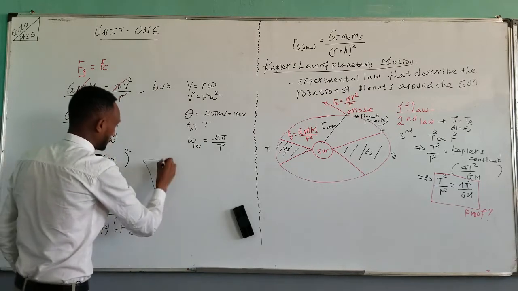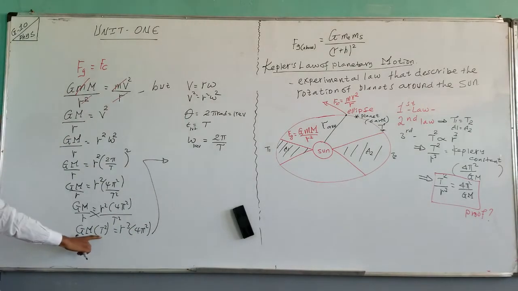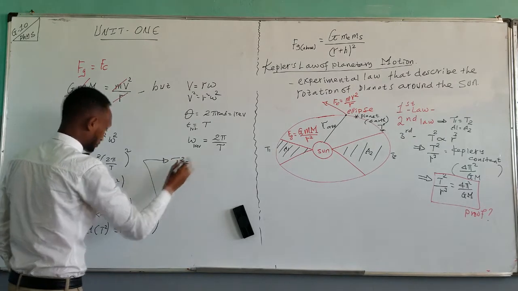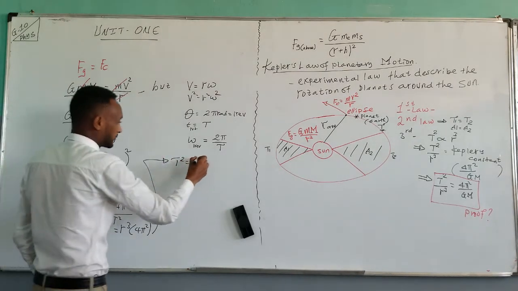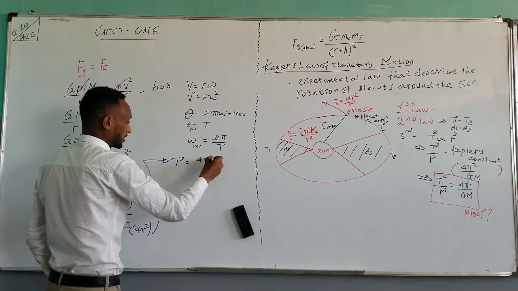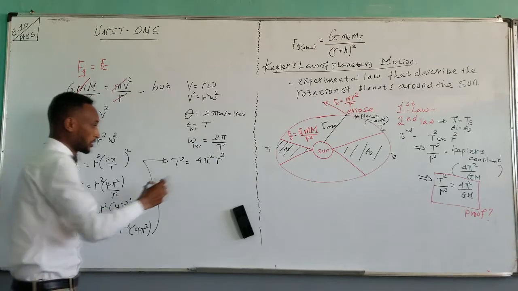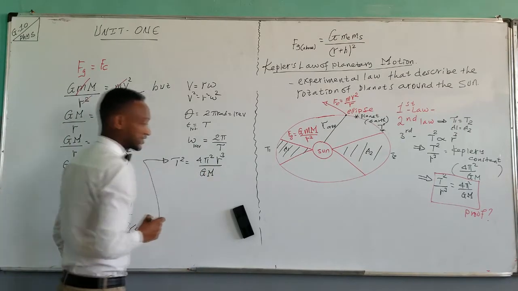Here let's find the period, or the time squared. Divide both sides by the gravitational constant and the mass of the sun. You get that T squared is equal to 4 pi squared times the distance between the sun and the planet cubed over the constant G times the mass of the sun.